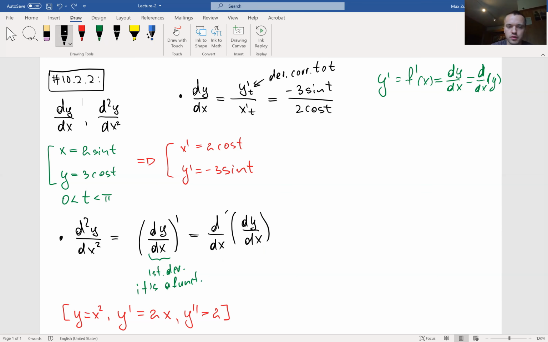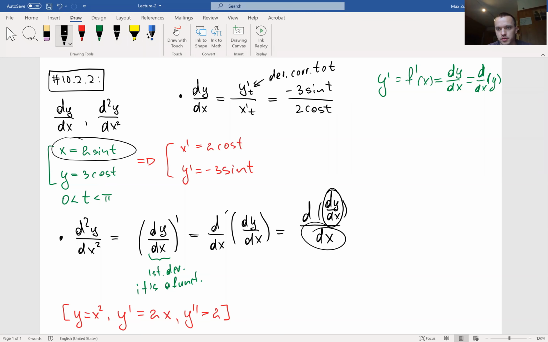And then we're going to do the same trick. We're taking the derivative of some function, so we have d of dy over dx, over dx. But the function I found for the first derivative is in terms of t, and x is also a function in terms of t.